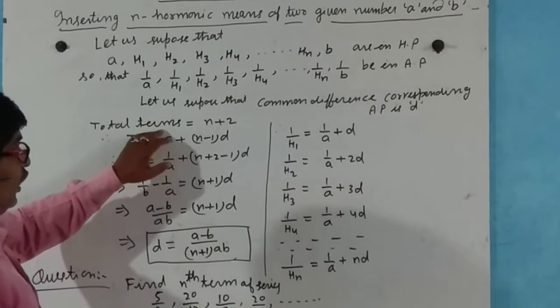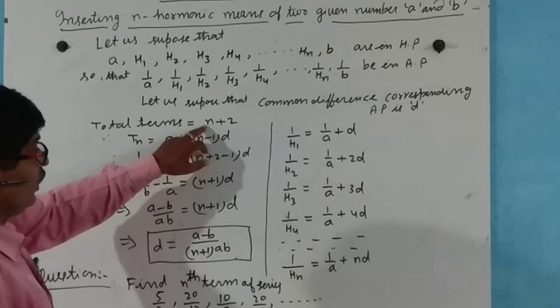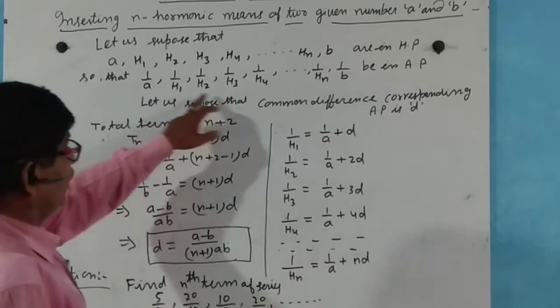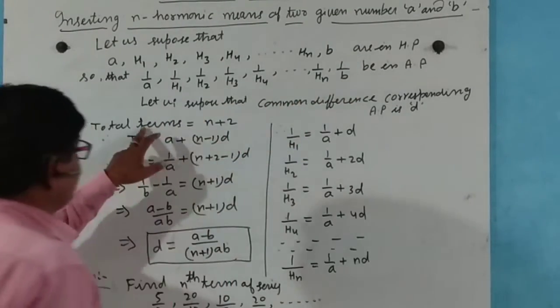So the total terms are n and 1 and 1, that is n plus 2.